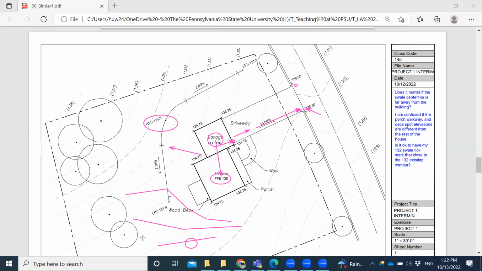Your LPS is where your grading should stop. So it will be more reasonable for your LPS to be in this location that I just marked. That potentially would make sure that your LPS is where it returns to the original grade without any modified or proposed contour being in conflict with that.